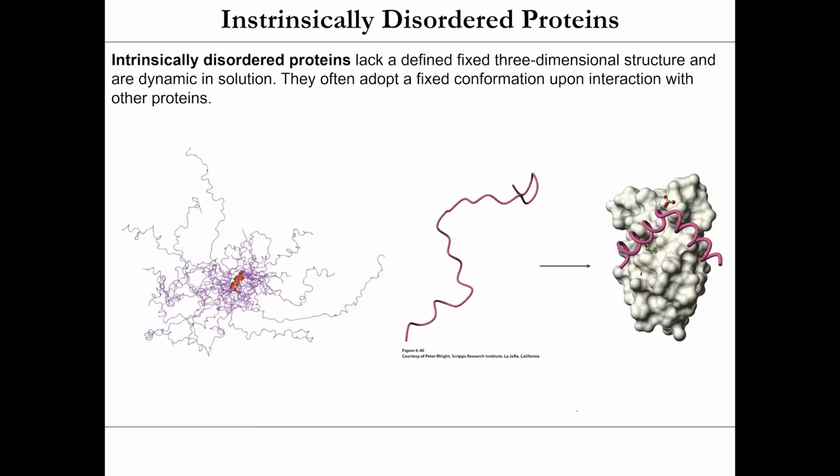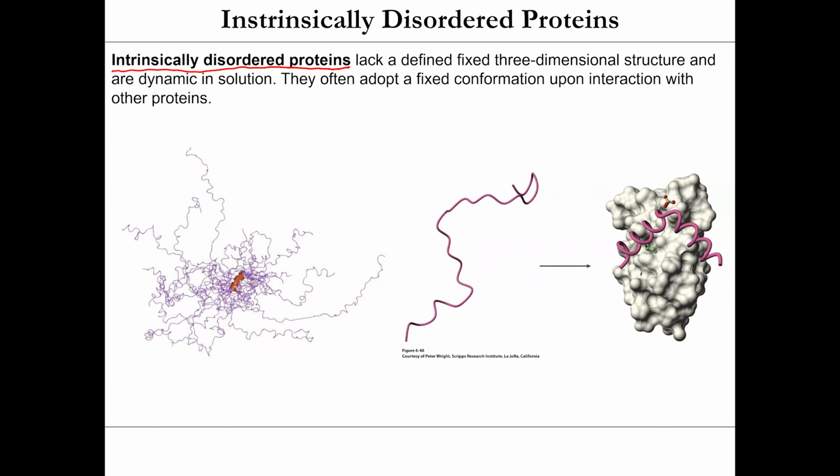So we've talked a lot about proper protein folding and how a protein has to be folded in the right conformation for it to have its function. And we've shown a lot of images of membrane and globular proteins that are discretely folded into very specific conformations. But I do need to note that there are some proteins that are called intrinsically disordered proteins.